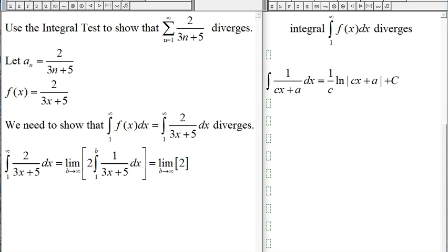And so now we have 2, and then this becomes 1 over 3x, so the 3 is like c, and then 5 is like a. So we get 1 over 3, times the ln of 3x plus 5.